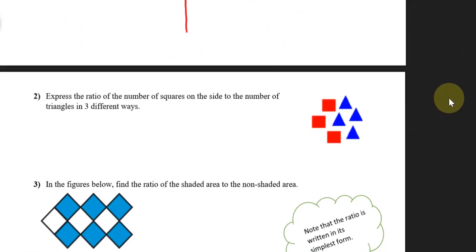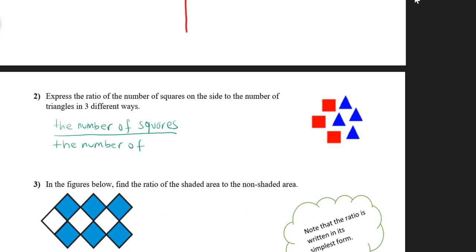Express the ratio of the number of squares on the side to the number of triangles in 3 different ways. Let's write the ratio. The number of squares, that's what the question says. The number of triangles.